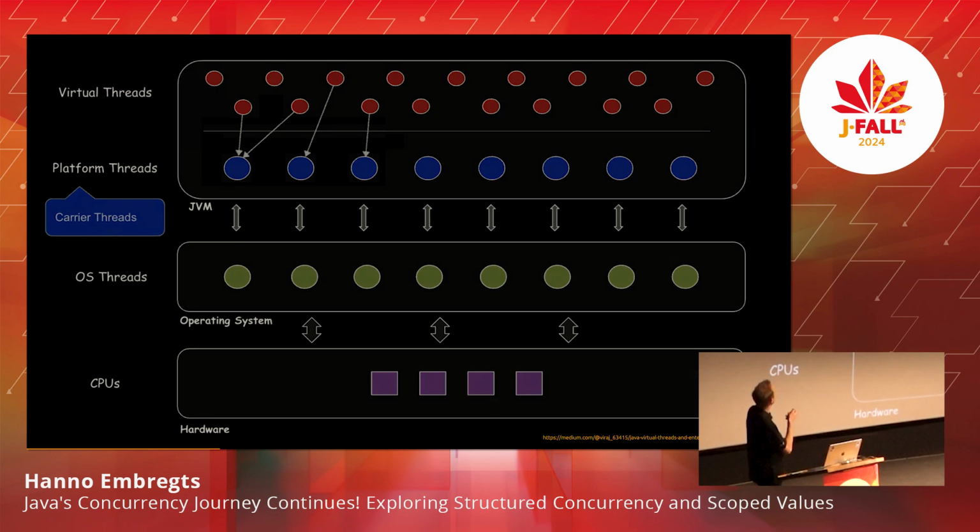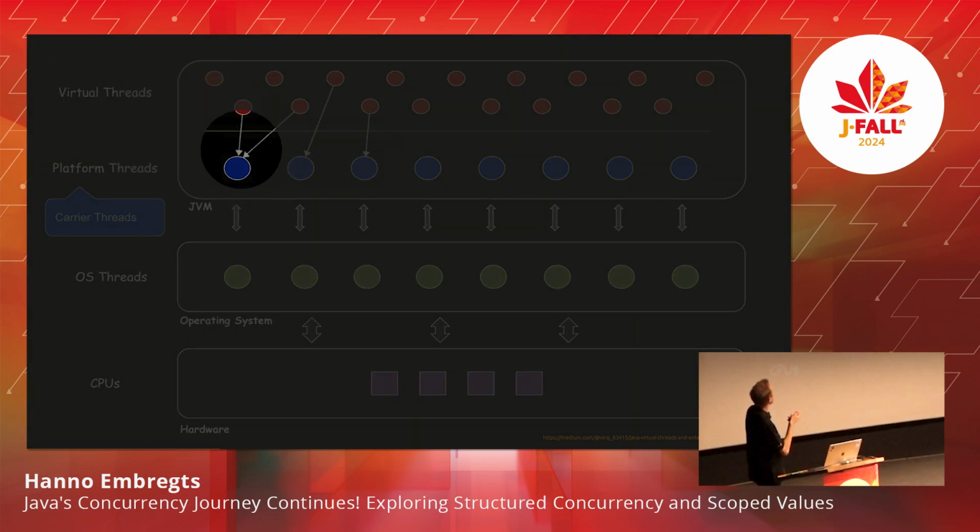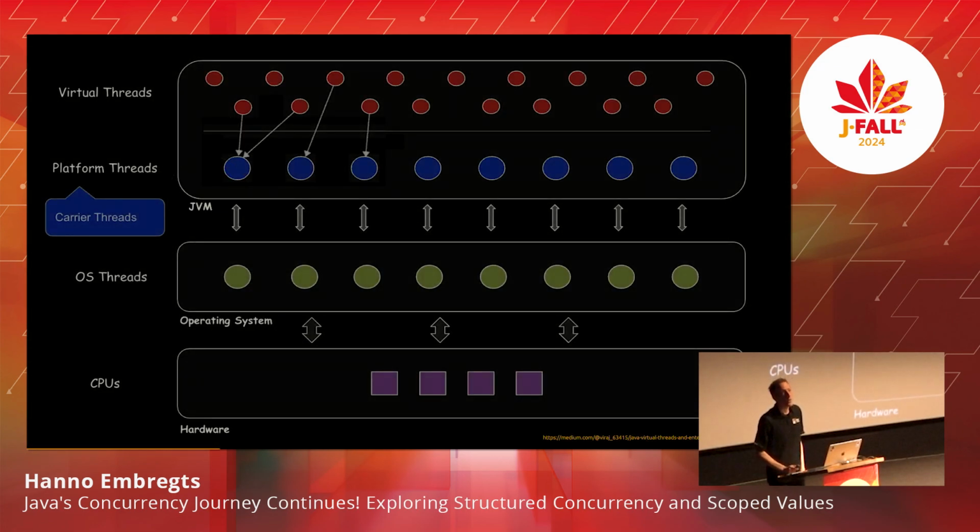So it could be that this task over here runs on this blue carrier thread, then terminates, but this one is still kept in memory, and then the second one has to start and gets picked to run on the same carrier thread as the one before. Or not. I mean, the whole point is that it isn't our concern anymore. We don't need to have control over what platform thread is being used.